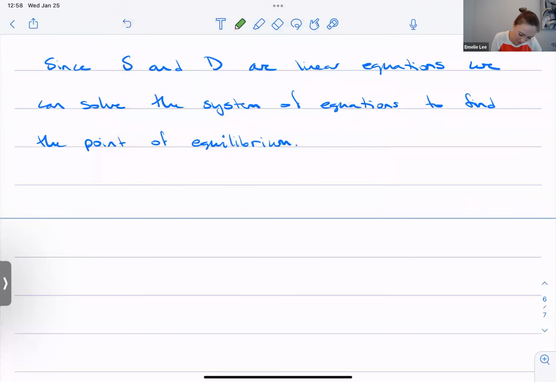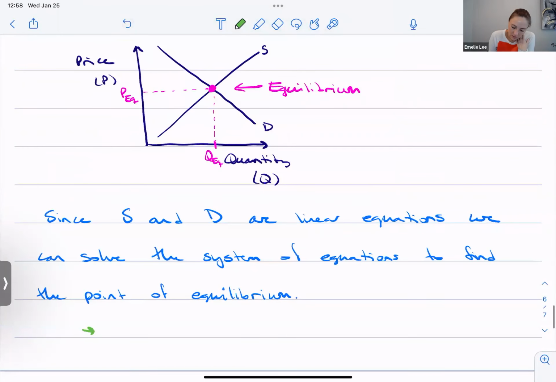And maybe before I do, it might be helpful if you replace, at least in your mind, the P's with Y and the Q's with X, because Q's on the X-axis and P is on the Y-axis.